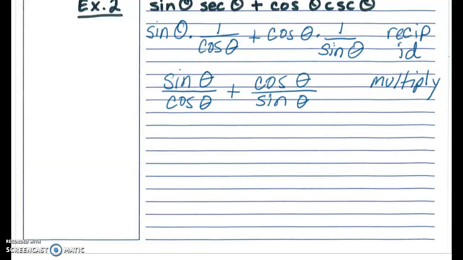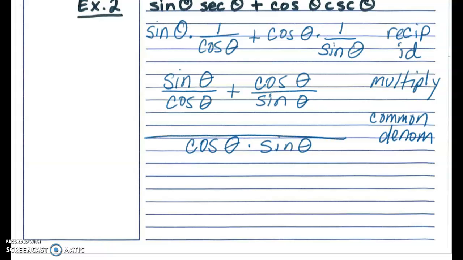All right, how do we add fractions? Common denominator. So remember, for your common denominator, take 1 of everything. So I'm going to take a cosine theta, and I'm going to take a sine theta. Now ask yourselves what's missing. Looking at my fraction on the left, cosine times what would give me my new denominator of cosine sine?